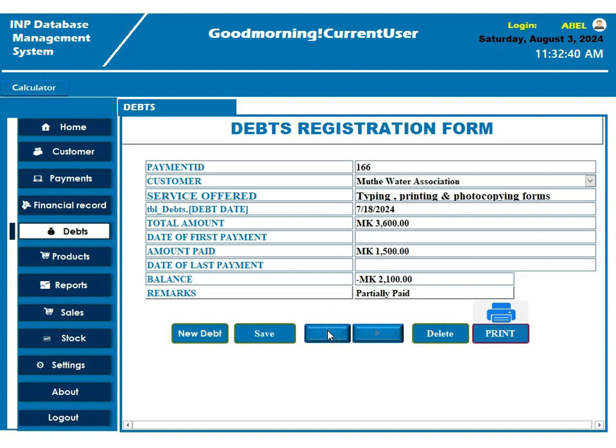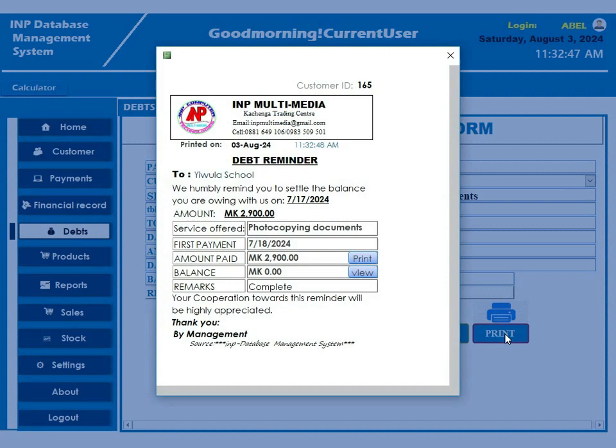Now if he comes and maybe pays the whole amount of money, for example, let me see this customer. This customer had a balance of 2,900 at this date, 17th July.